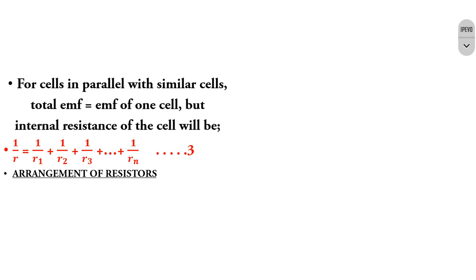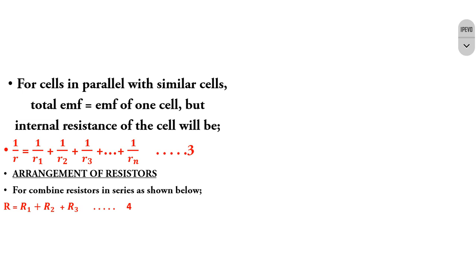Arrangement of resistors. For combined resistors in series, we have the expression as shown in equation 4. We have that R equals R1 plus R2 plus R3 if we have 3 resistors.